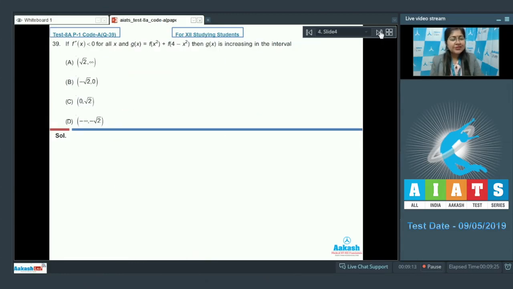Next is question number 39, which says that if f double dash x is less than 0 for all x and g(x) is equal to f of x square plus f of 4 minus x square, then g(x) is increasing in the interval. Now f double dash x less than 0 means that f dash x is a decreasing function.